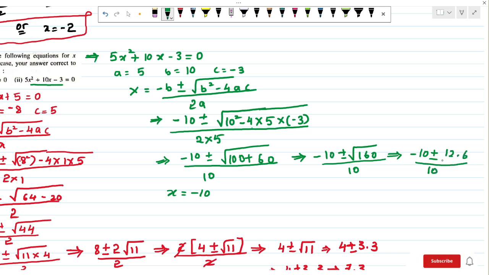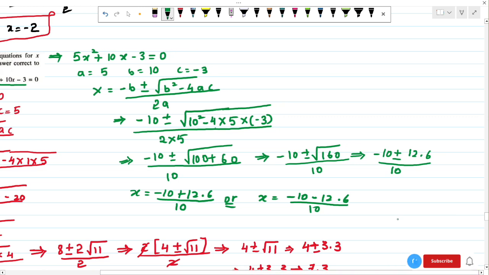So again I'll get the two possibilities here, that is x is equals to minus 10 plus 12.6 divided by 10, or x is equals to minus 10 minus 12.6 divided by 10. So two possibilities I have written here. So next, the first possibility is x equals minus 10 plus 12.6, which is nothing but 2.6, right?